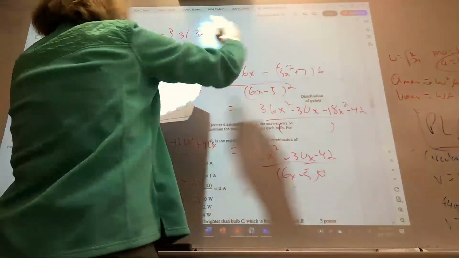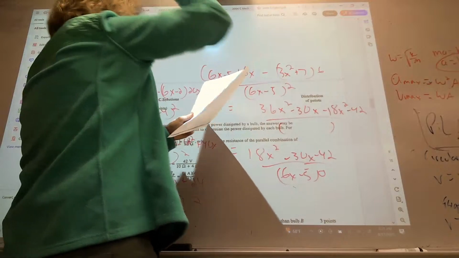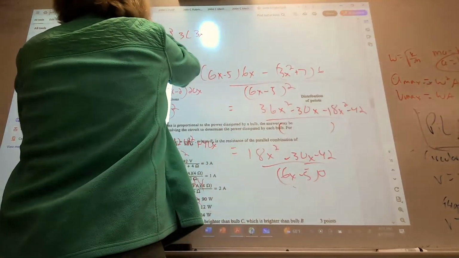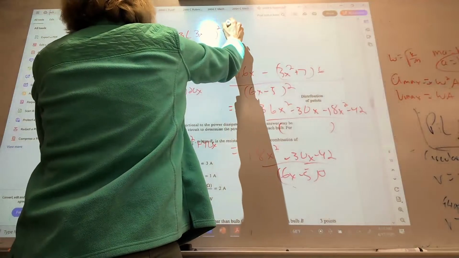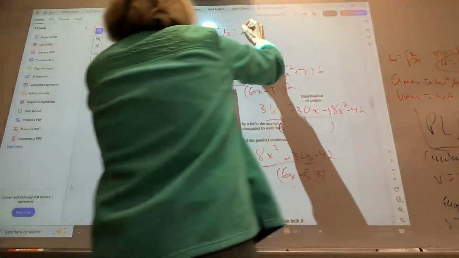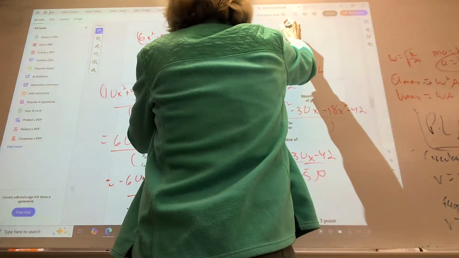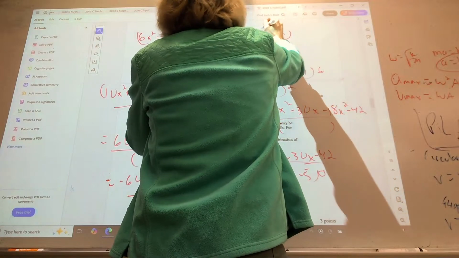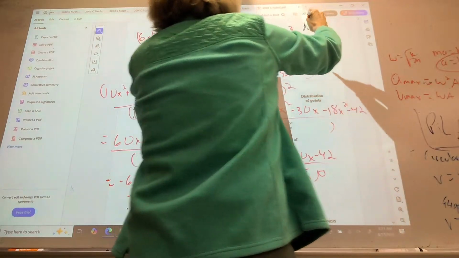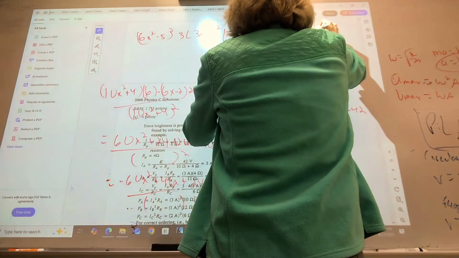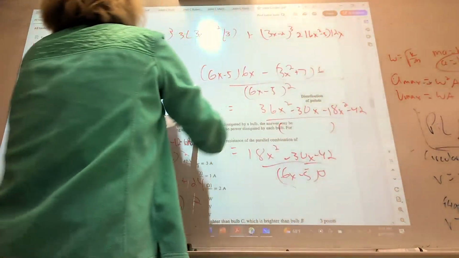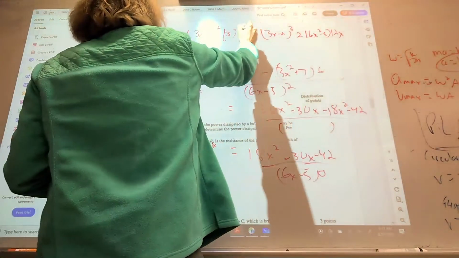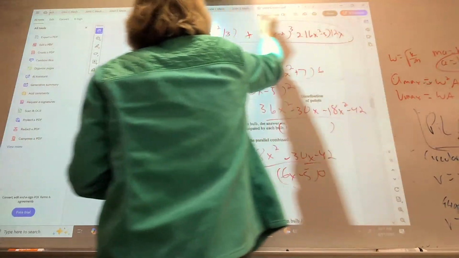Now, you can do second times the derivative of the first like that, but because it's added, it doesn't matter. But I always do first times the derivative of the second, 3x minus 2 squared times the derivative of what's inside, plus the second, 3x minus 2 quantity cubed times the derivative of the first, 2 times 6x squared minus 5, 12x.